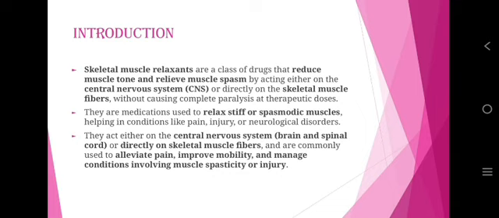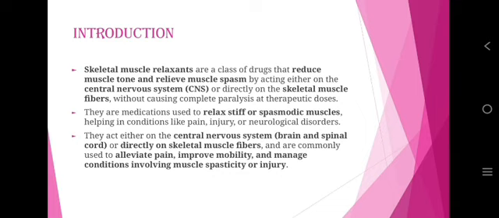They are medications used to relax stiff or spasmodic muscles, helping in conditions like pain, injury, or neurological disorders.